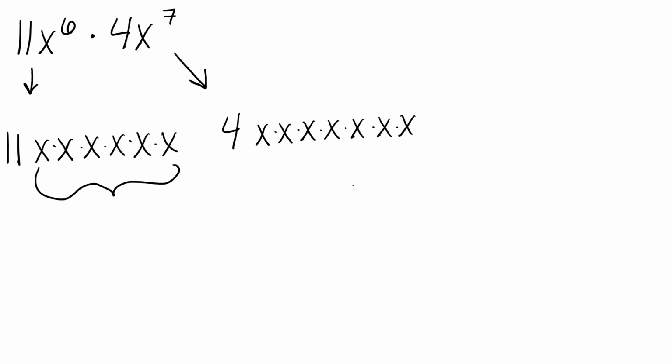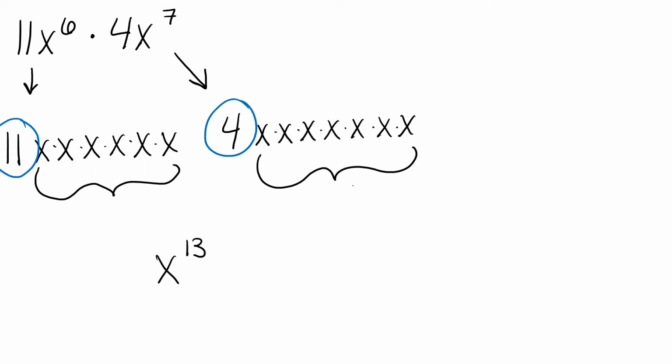We total up our x's, which is going to give us 13. The base number x stays the same, and our new exponent is 13. We take our coefficients, the large numbers out in front, and we multiply. 11 times 4 is 44.